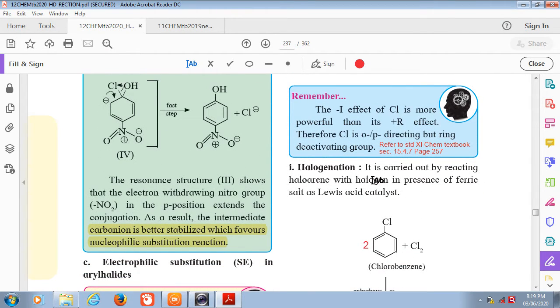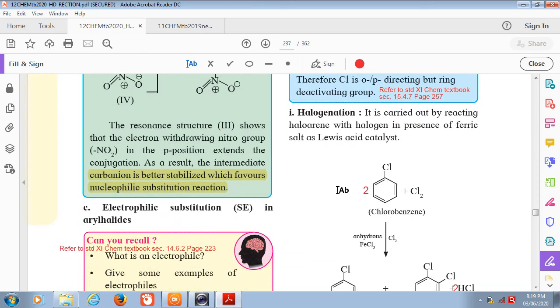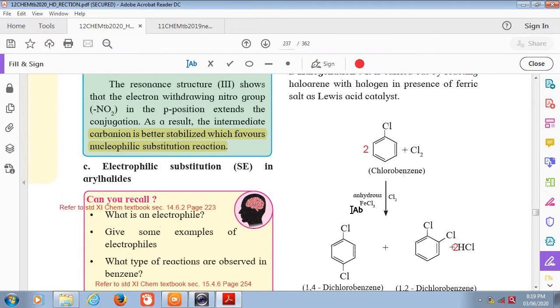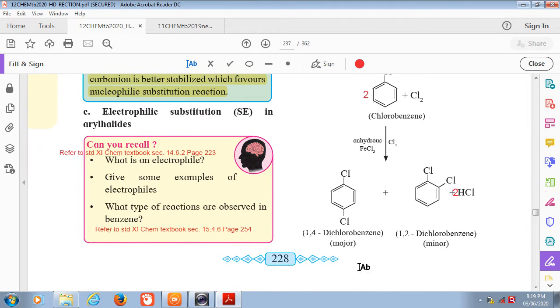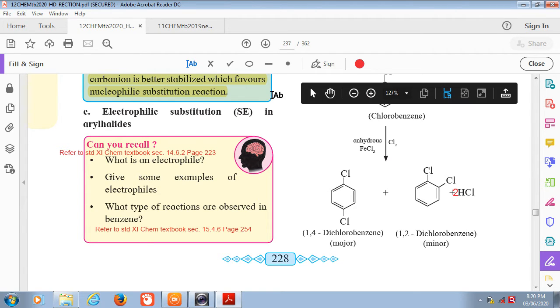So let us consider halogenation. For chlorination, we require chlorine. So when chlorine reacts with chlorobenzene in presence of anhydrous FeCl3, substitution at ortho and para will take place. So we get 1,2-dichlorobenzene and 1,4-dichlorobenzene. Out of that, 1,4-dichlorobenzene is the major product. So which is the major product? 1,4-dichlorobenzene.